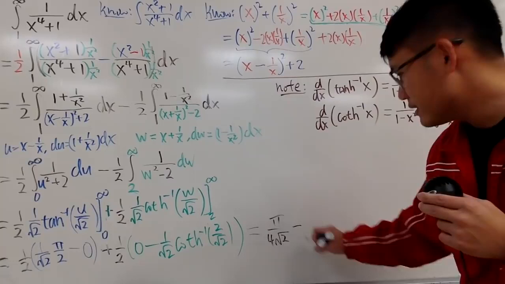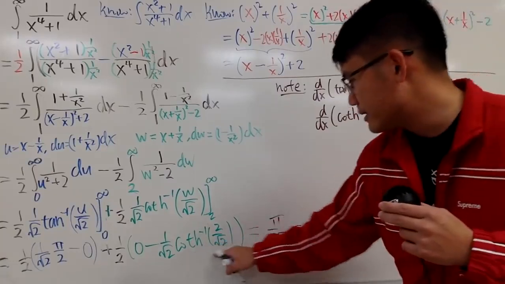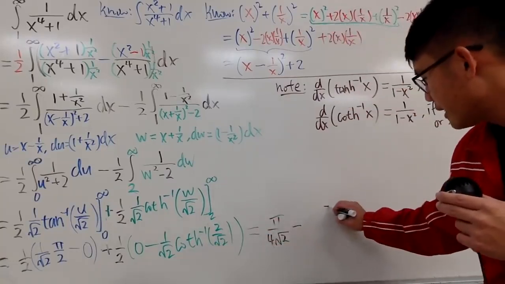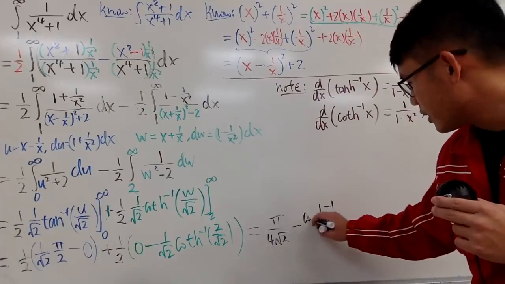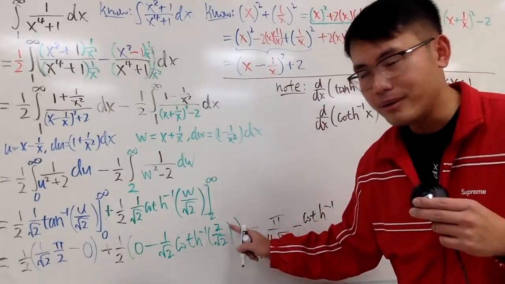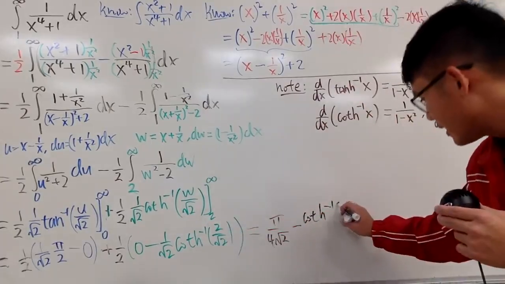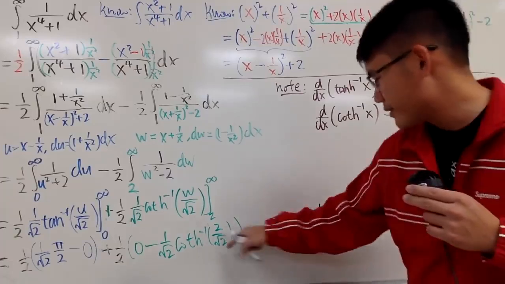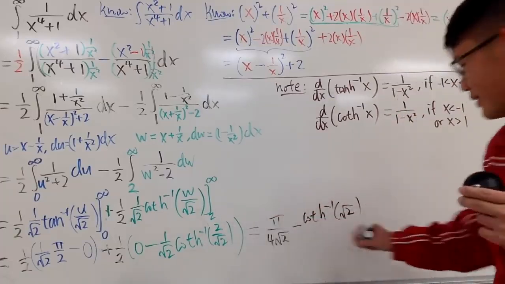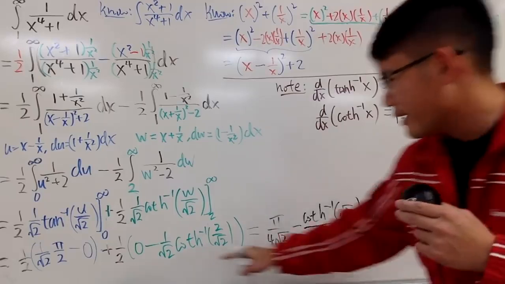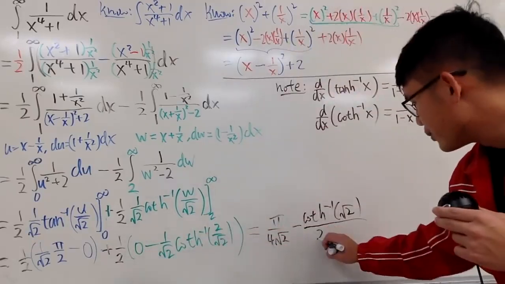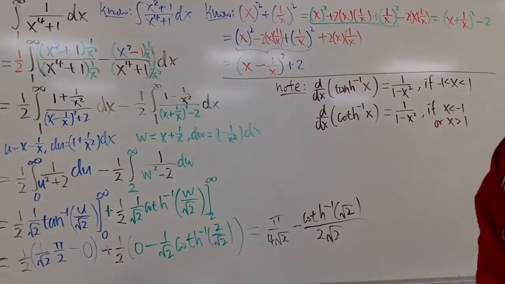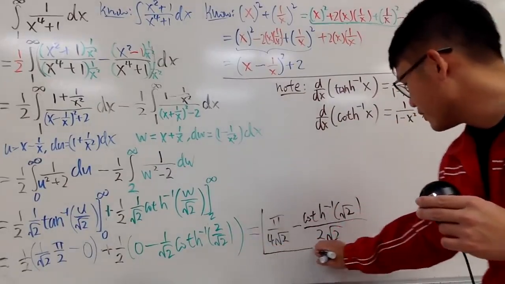So we have minus. And perhaps I can put this down on the top. So we put down the inverse hyperbolic cotangent. And 2 over square root of 2 gives you square root of 2, right? And then over this times that. So it's 2 square root of 2. Like that! Oh my God. Finally, finish this right here.